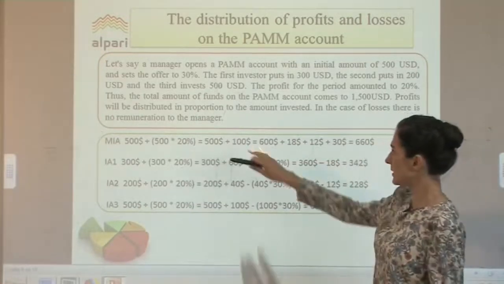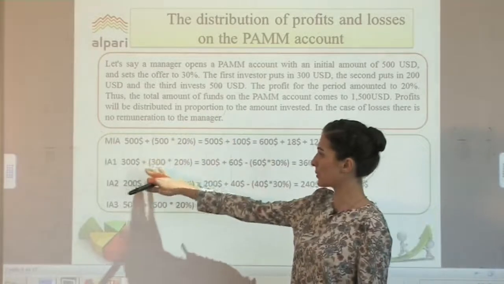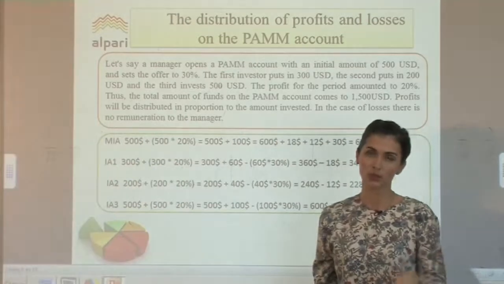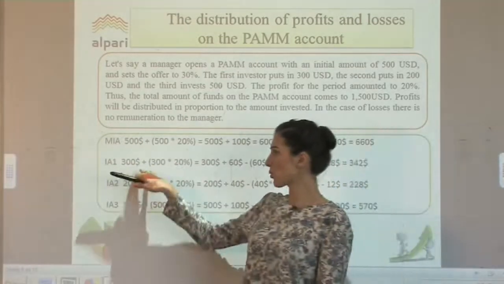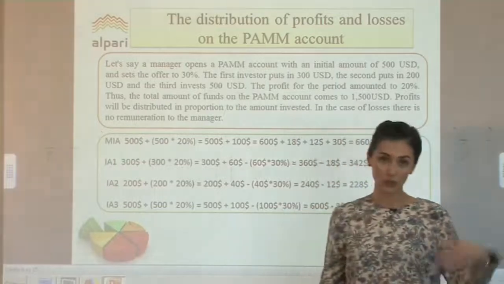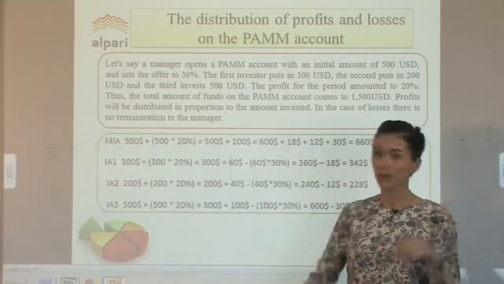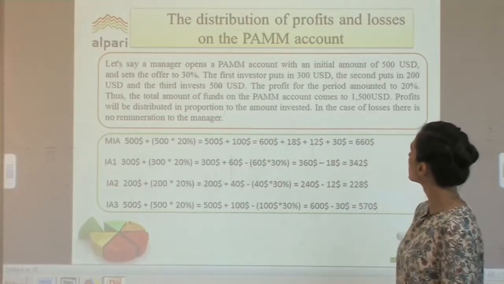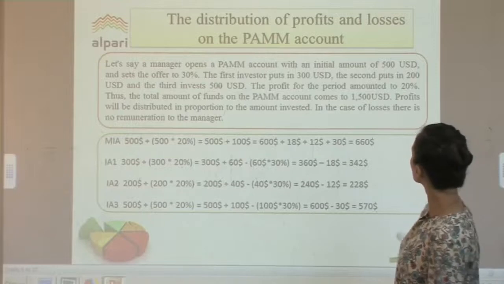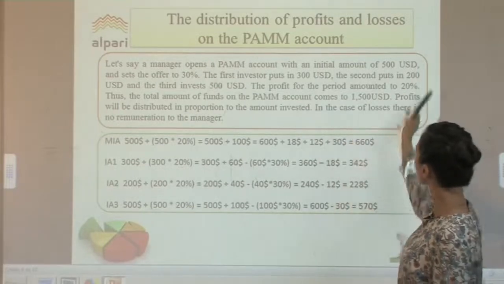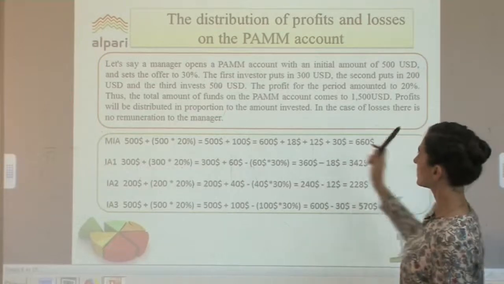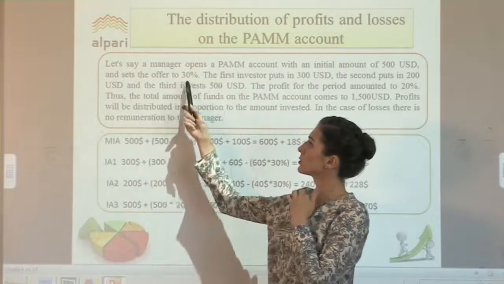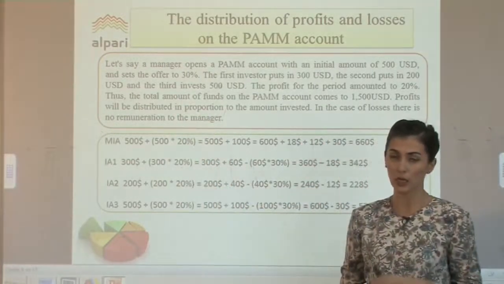Here we can see the example. The manager opens a PAMM account and allocates about $500 to his manager's investment account. The first investor brings 300, the second one 200, and the third one brings $500. So the PAMM account shows profits for the period of about 20%, and we can see that the public offer, the proposal, is about 30% of the profits.